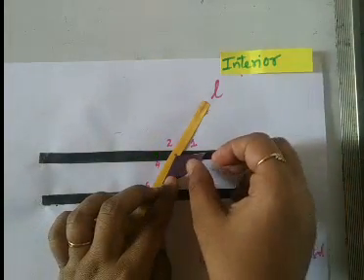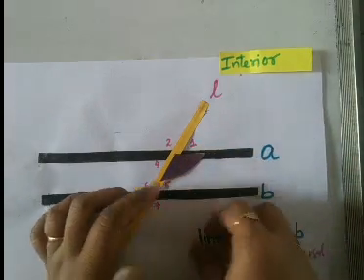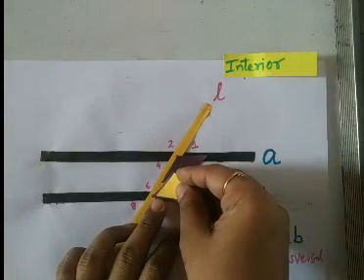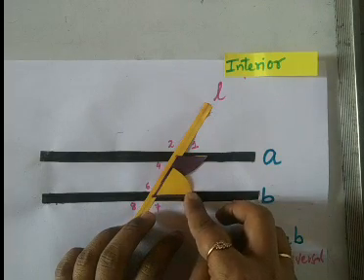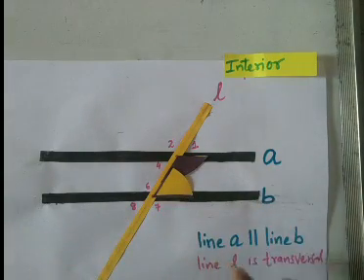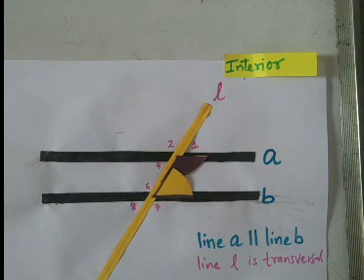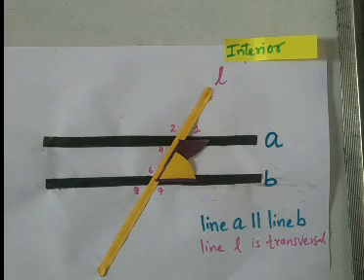Suppose I am taking angle number 3 and angle number 5, angle number 3 and angle number 5 would be interior angles. So you can understand the definition of interior angles by yourself.